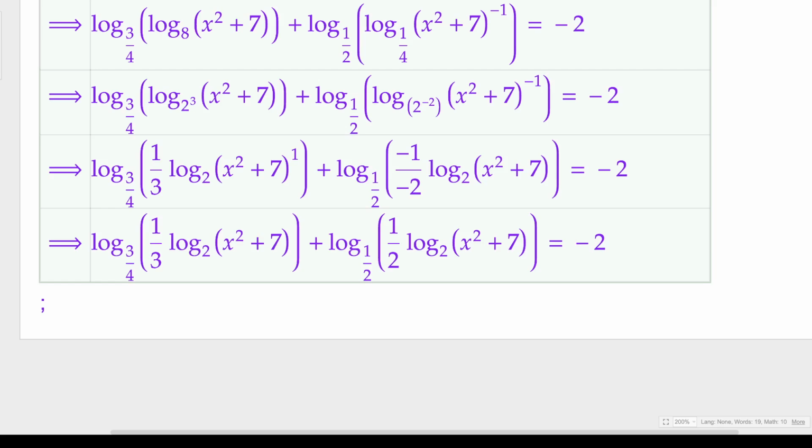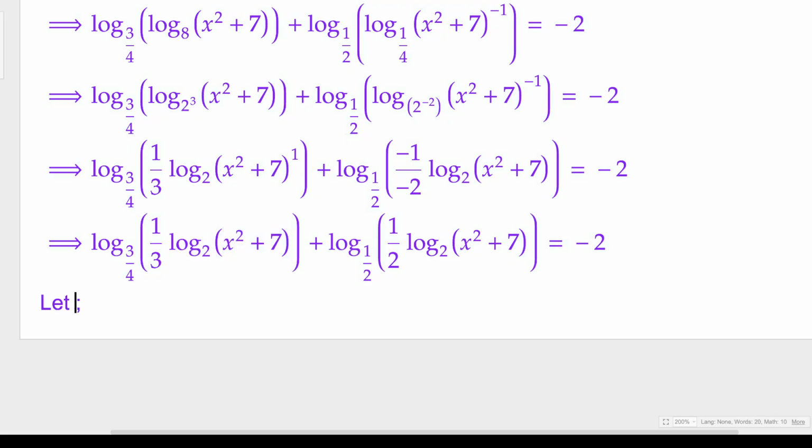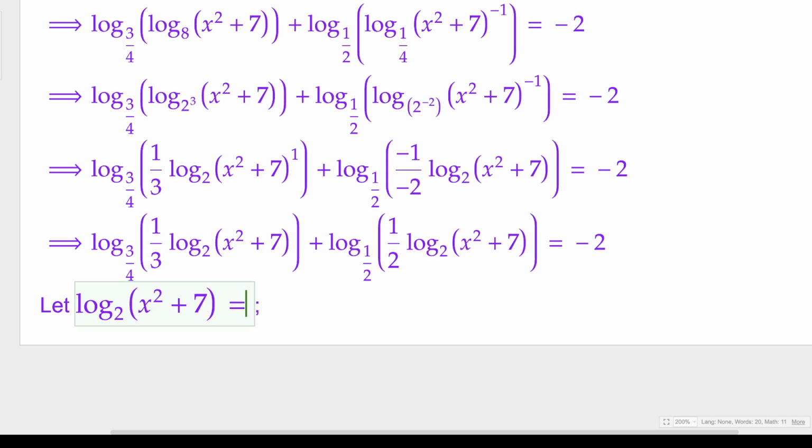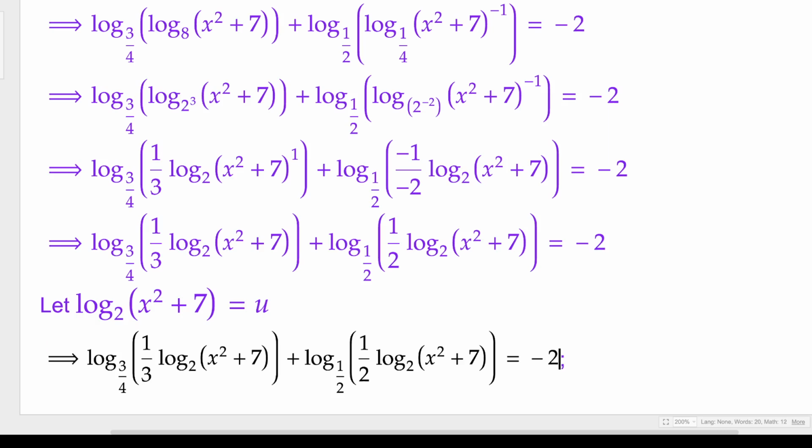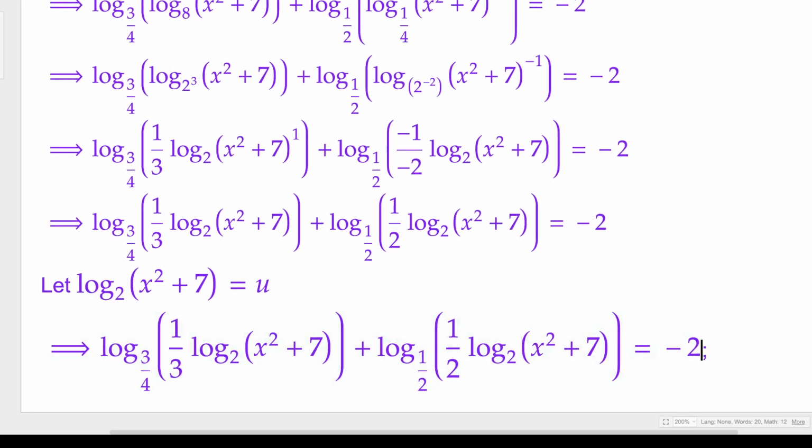Now what I will do, for simplicity I'll use the concept of abstraction here. So this particular quantity I will assume as some variable. So let this quantity be u, right? And now I'll be proceeding with this further, right? So let me just adjust the font size.